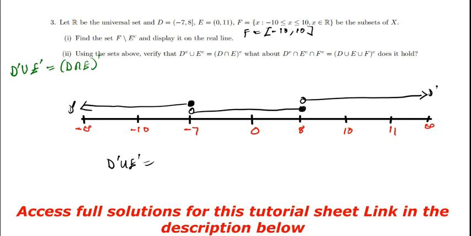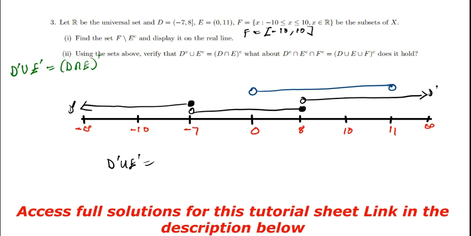So now that we have D complement, let's come up with the E complement as well. E runs from 0 to 11, both not included. So we're going to say open at 0, and also open at 11, like this. So this is going to be E. We don't want E, we want E complement, because that is our interest.